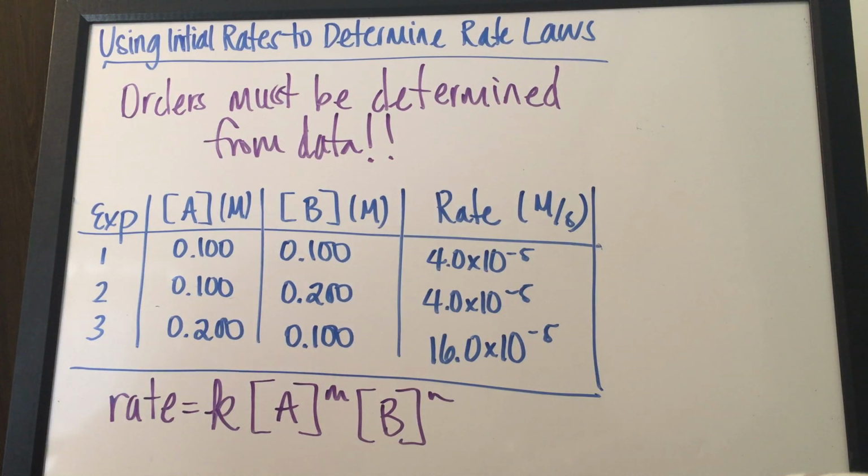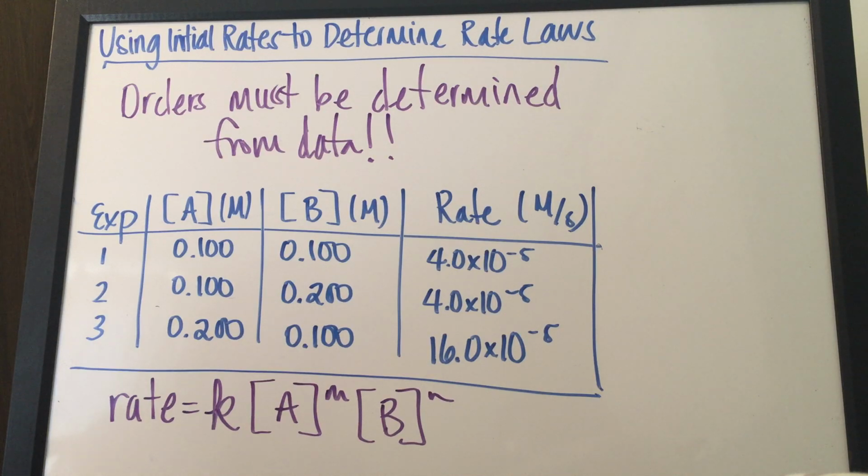Now, I'm going to teach you two ways to do this. One way is by far easier and quicker. The only problem is sometimes students have a hard time seeing it, and also sometimes some problems don't lend themselves well to this method because the numbers aren't, shall we say, nice numbers.